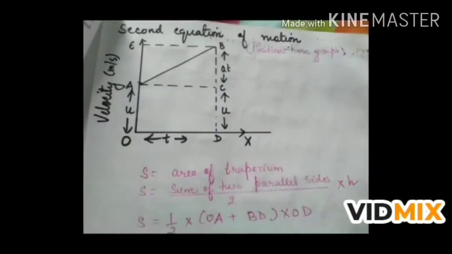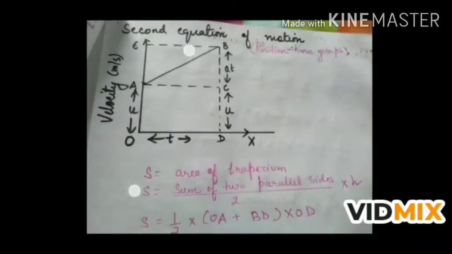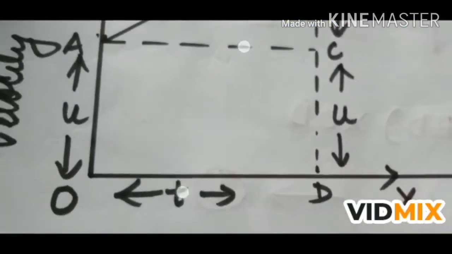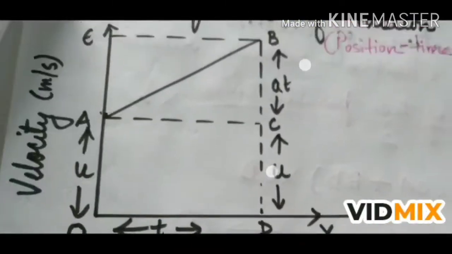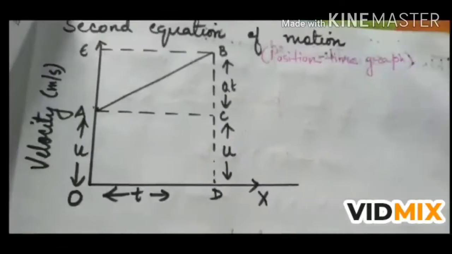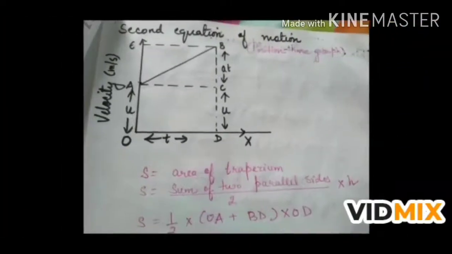Now we will apply the formula S equals half into the sum of two parallel sides. What are the parallel sides here? OA is parallel to BD, so we write OA plus BD. Why are we writing OA plus BD?